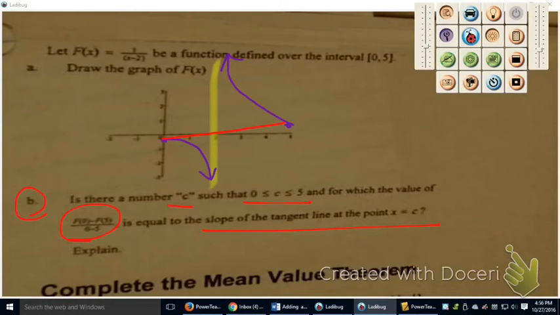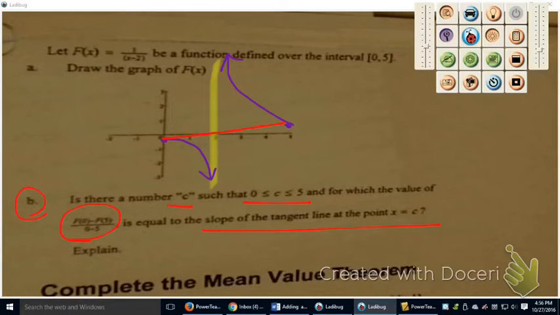And I'm looking for anywhere on the purple that if I draw the tangent line, I'm going to get a tangent line parallel or the same slope as the red. So anyway, there's no place between there that I could draw the tangent line because the slope is always negative. I'm trying to draw a positive slope. And the problem here is that it's discontinuous. On the previous problem, it was not differentiable at that point. On this problem, it's not continuous.